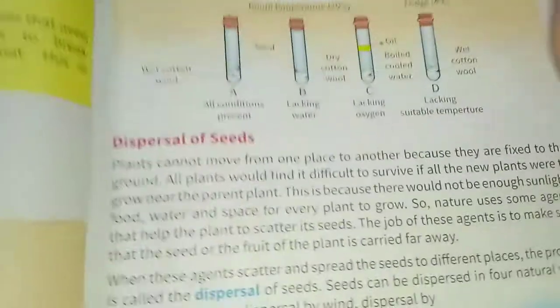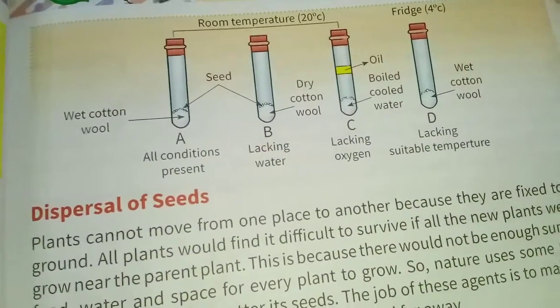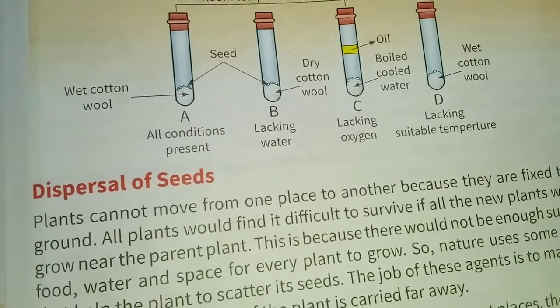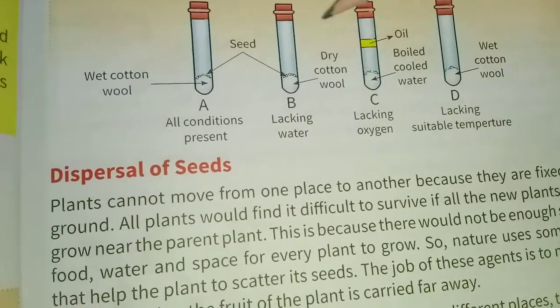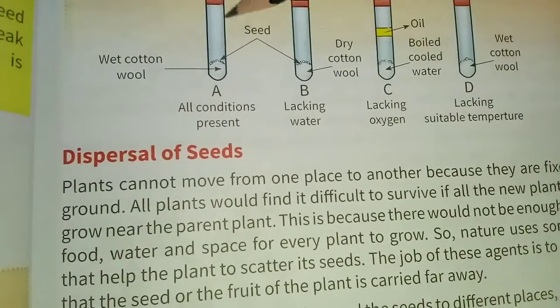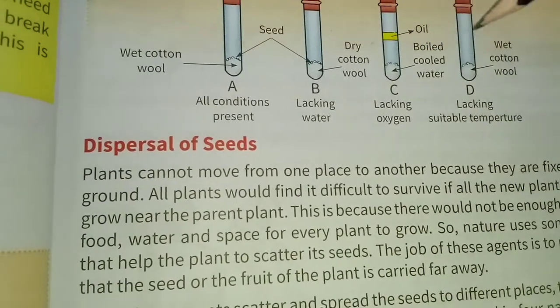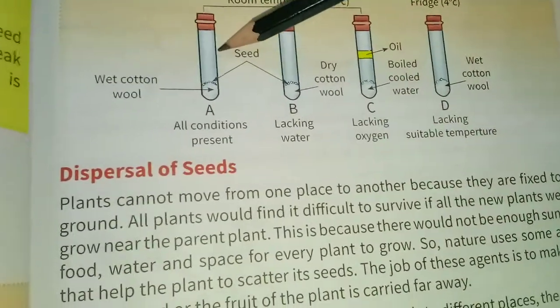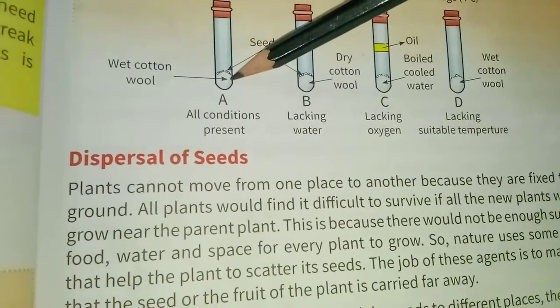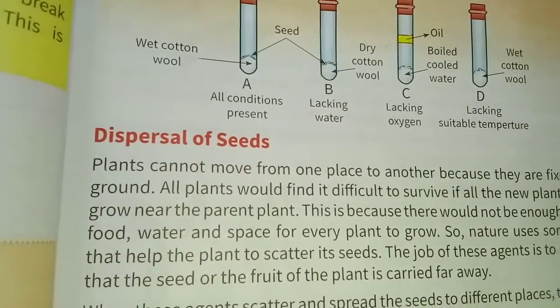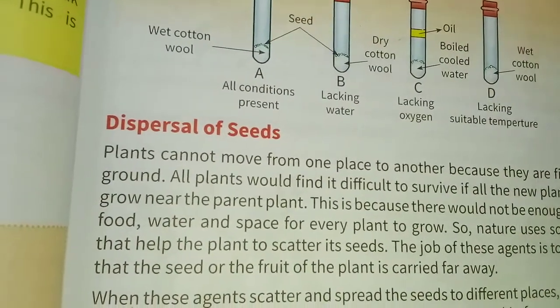And here, look, the 4 test tubes are shown. You can use 4 glass bottles. Look at that. In A, wet cotton wool, all conditions are present and seeds germinate.